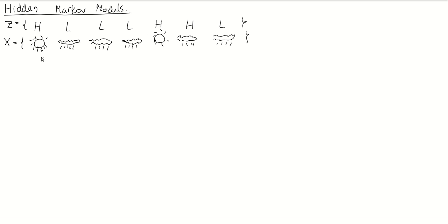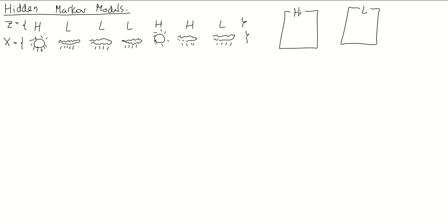Great. So now a hidden Markov model would describe transition probabilities between the hidden states and emission probabilities between the hidden states and the observables. So we could make a diagram where we have the hidden states here. We have the high pressure here and we have the low pressure here.